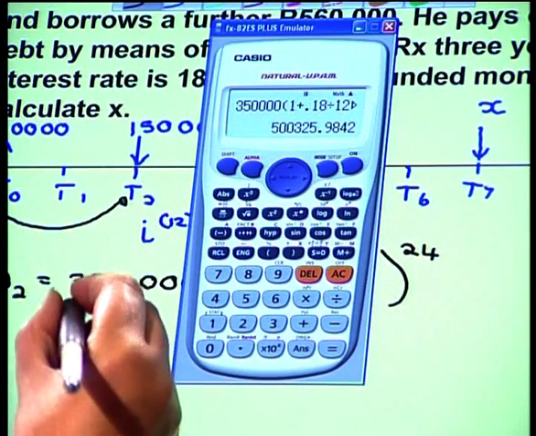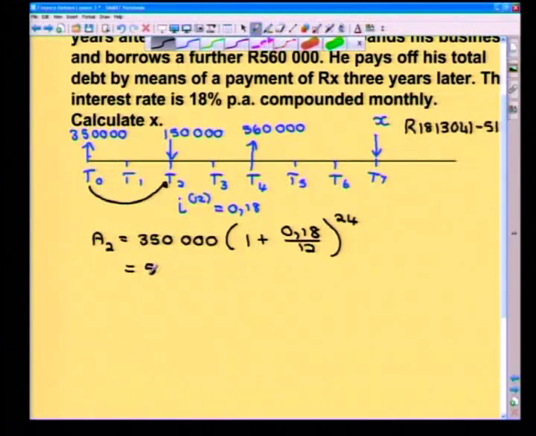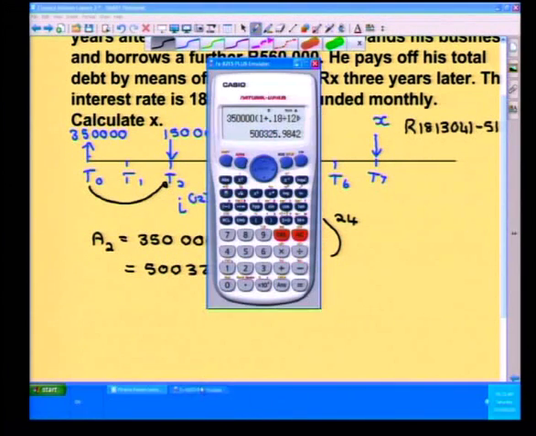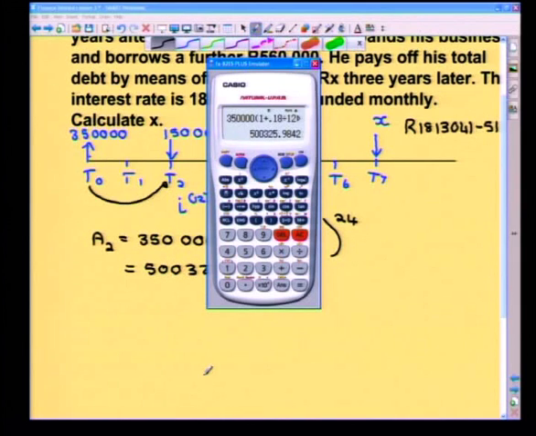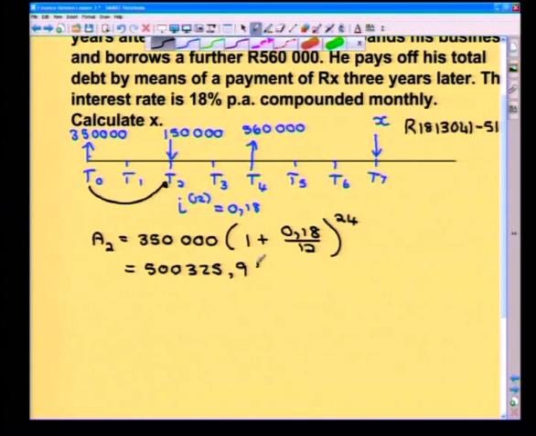And you can see that is how much money he now owes after 2 years. Also a scary amount. So it's 500,325, and let's just check the rest of the number. 98 cents. Right, now I'm not going to clear the calculator at this stage because that is what he got, and I must subtract from that 150,000 because that's what he's putting in as payment towards his debt.